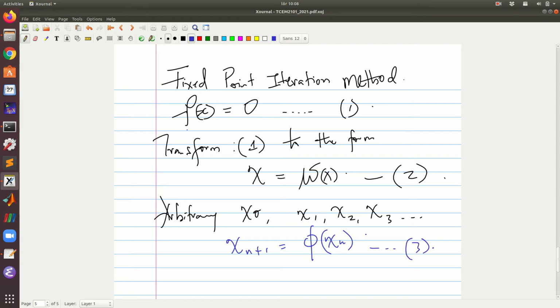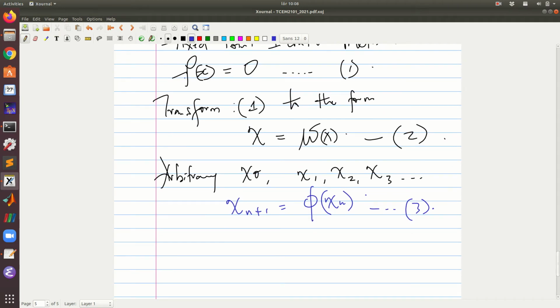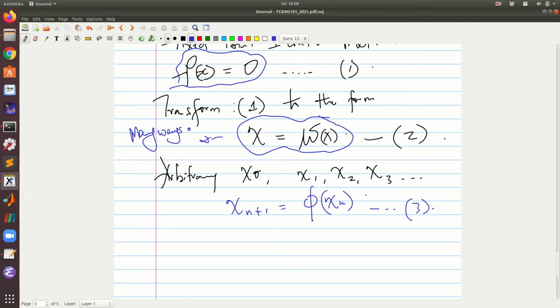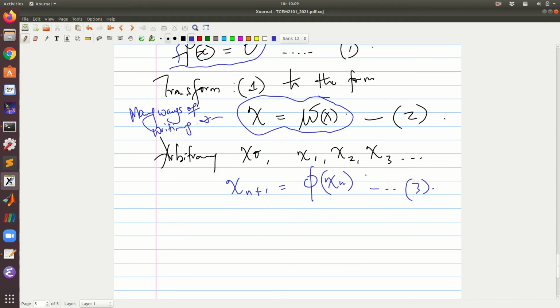Now what we have to note is that for this procedure, given this function f of x equals 0, there are many ways of writing this form x equals phi of x. We shall see some examples in a short while.